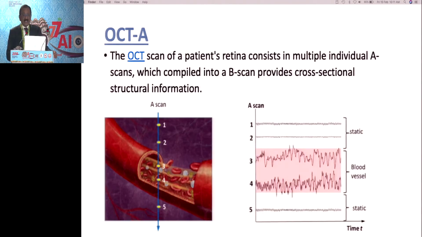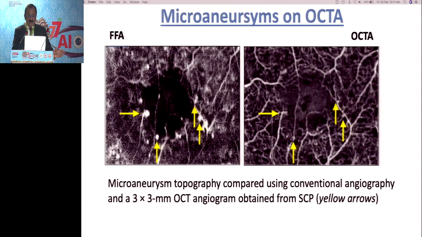So the OCTA scans the patient's retina with multiple individual A scans, which are compiled into a B scan to provide cross-sectional structural information of the vessels in various layers.